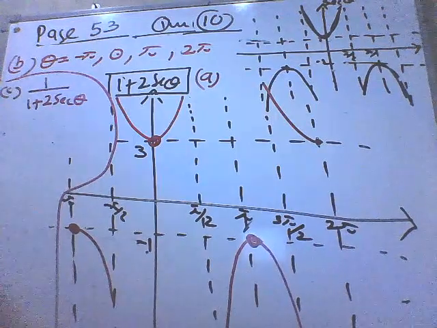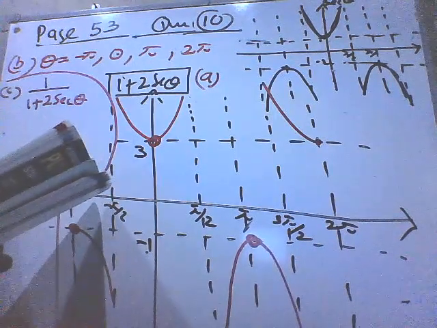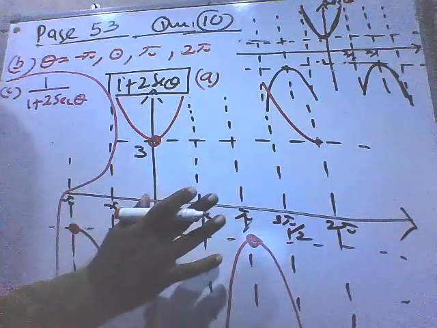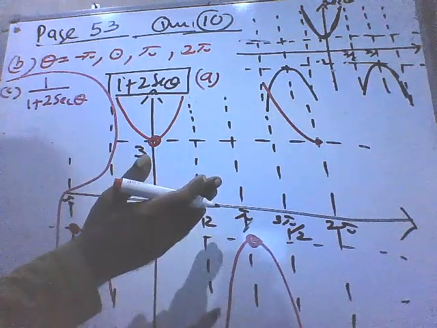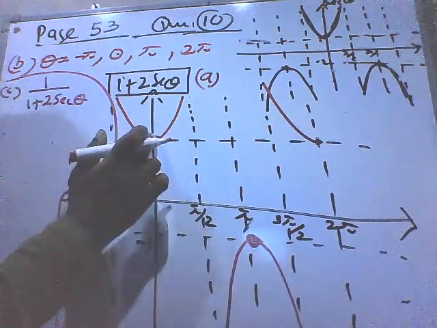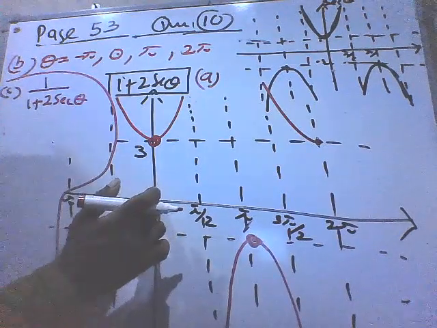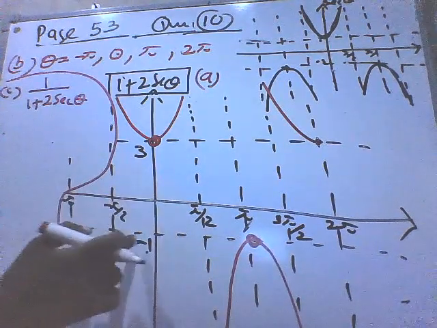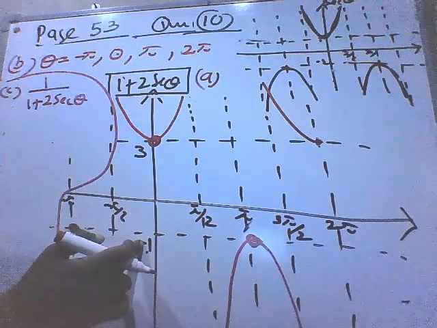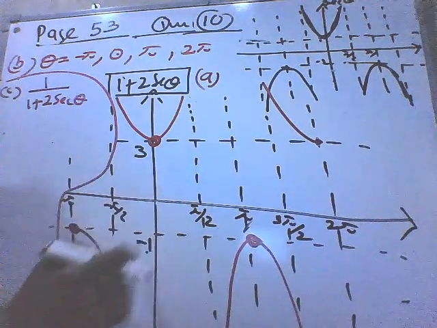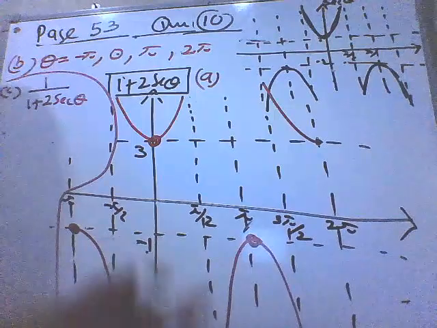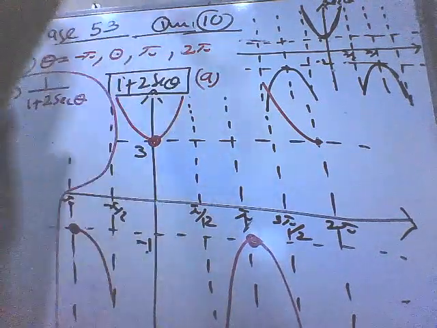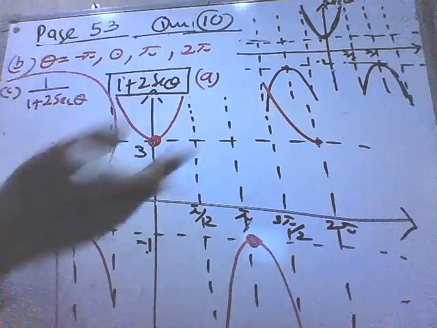Now if you consider this graph, what are the points of maximum and minimum? Out of this, minus 1 is the minimum, 3, and again the minimum is minus infinity. Maximum also, so we can't talk about that.